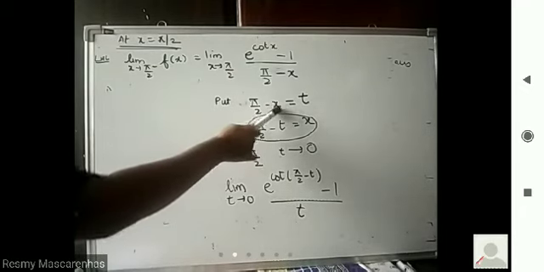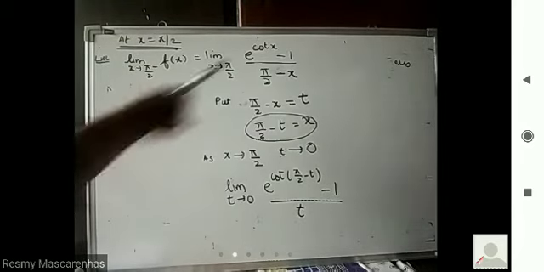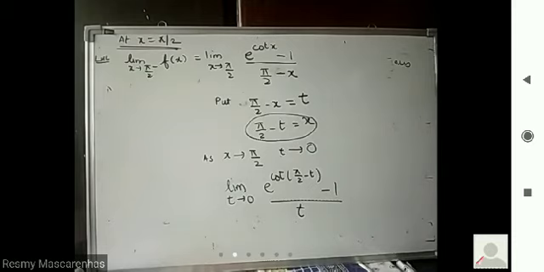So put x as pi by 2 and see t. Then everything you write back in terms of t. So this will be your main step. Anyone having doubt, then ask in substitution.